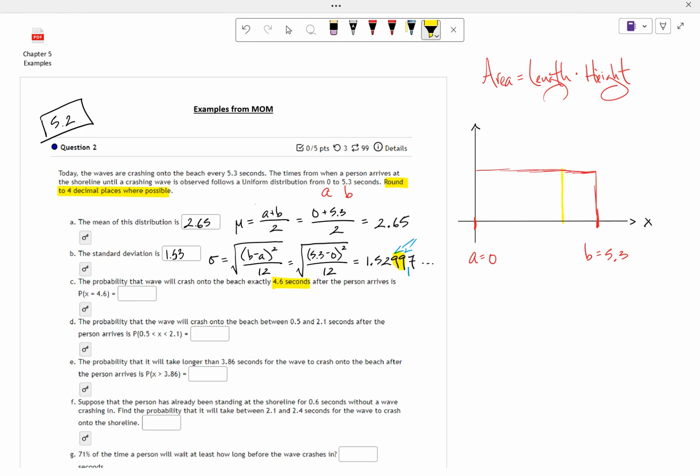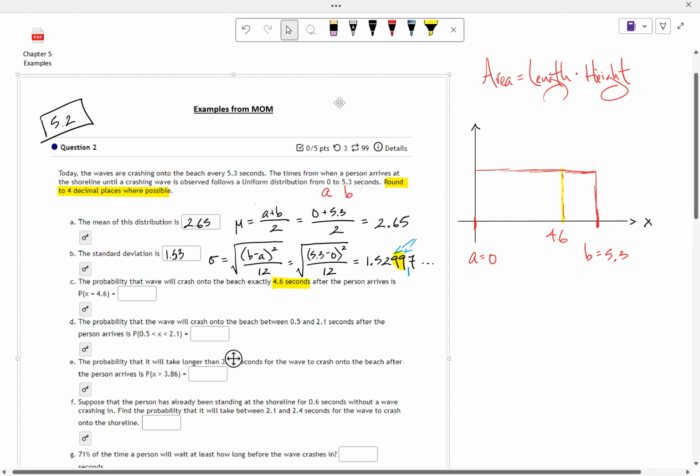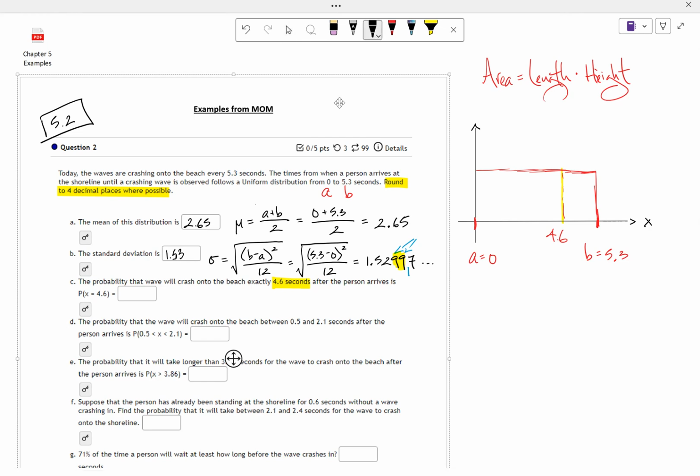It's so skinny that we actually just have a line, and this line has no area, it has an area of 0. So for any uniform distribution, the probability at a very specific time is always going to be 0.